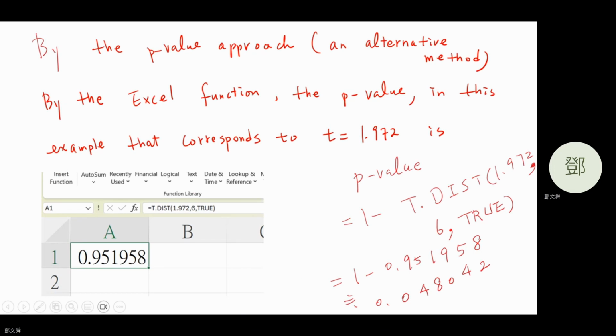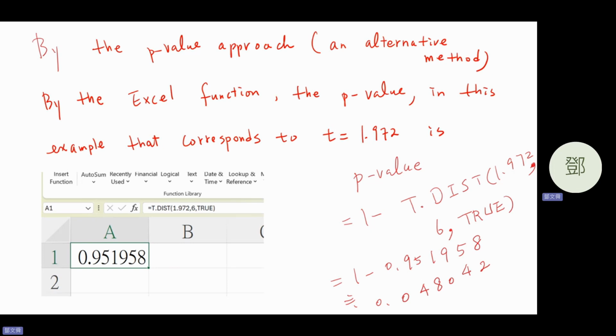Because the p-value for the t-test, in fact, for all t-tests, is not available from the t-table. So if you wanted to obtain the p-value, you have to use the Microsoft Excel function. In this example, we use the t-distribution. Here is the test statistic, here is the degree of freedom, and this is default.